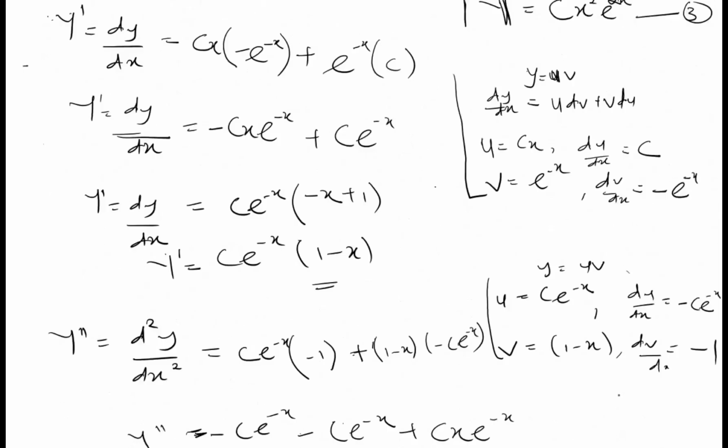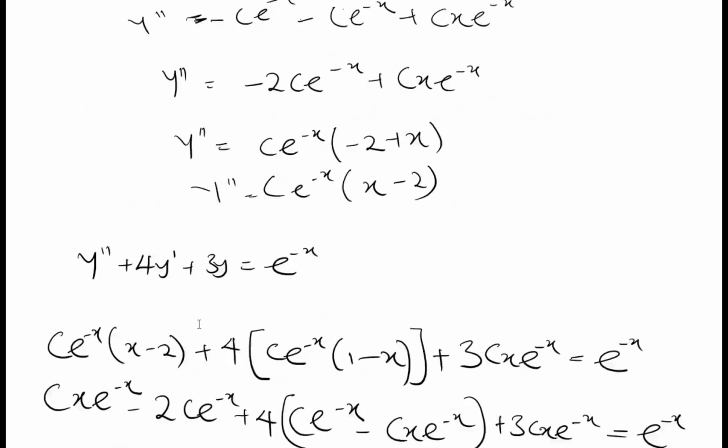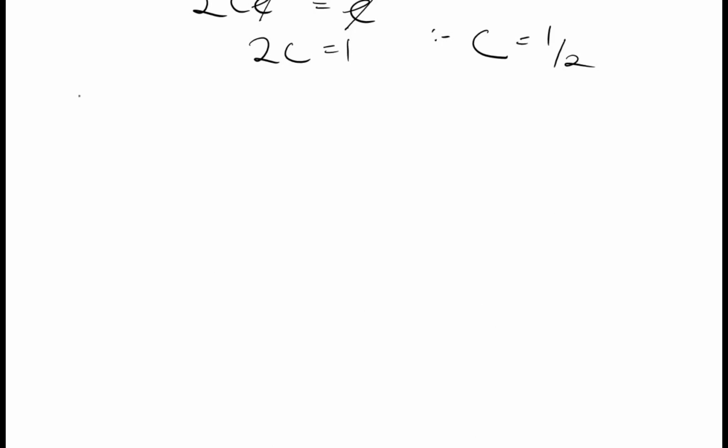In total, from the particular integral part, remember this part, I have my y to be cx exponential of negative x. So the particular integral part, I have y is equal to cx exponential of negative x, and my c is half, therefore 1 over 2x exponential of negative x.